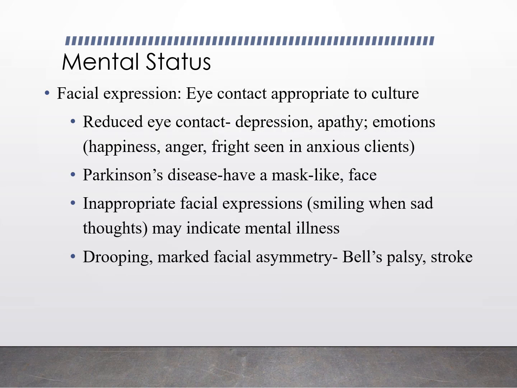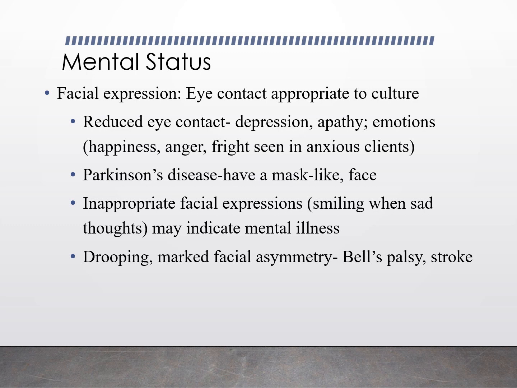Our facial expressions, eye contact can be different for different cultures, so you want to take that into account. But if somebody is not making any eye contact at all, this might make you feel like maybe they're feeling shamed and depressed. That can be possible.